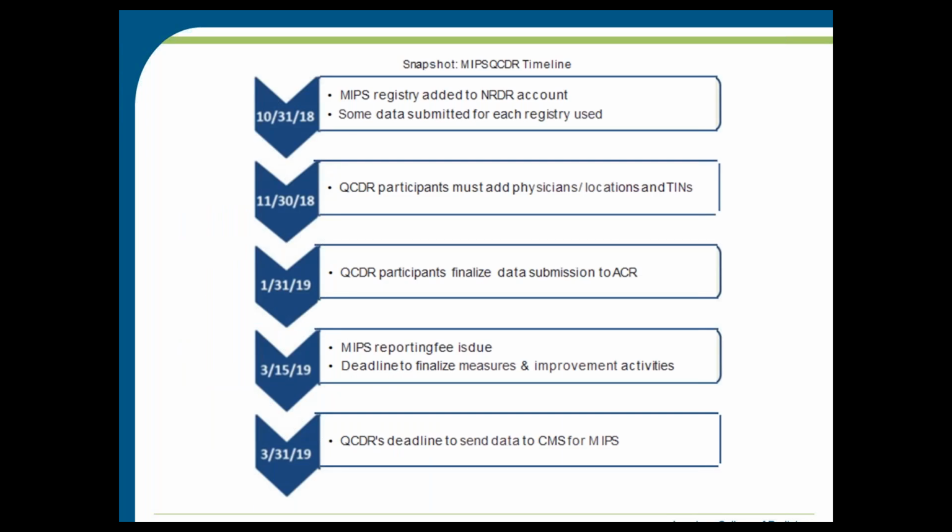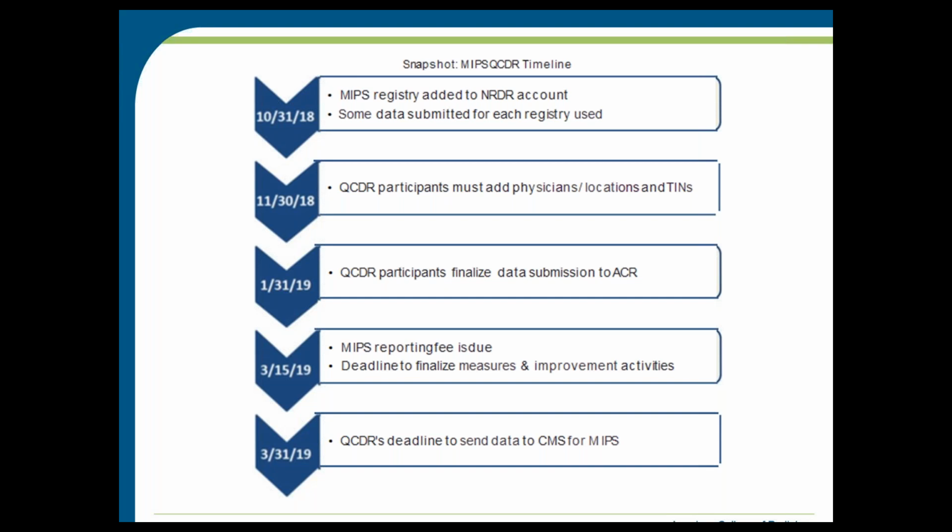I just wanted to go over the overall QCDR timeline again, just to remind everybody where we want you to be at certain points of the year. By October 31st, we want to make sure that you've registered for MIPS for every NRDR facility that intends to participate, and that you've started submitting data for each registry you intend to use. So if you're going to submit MIPS measures, make sure you're submitting MIPS measures already.